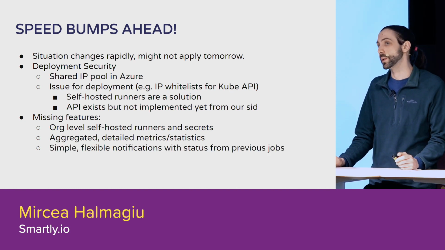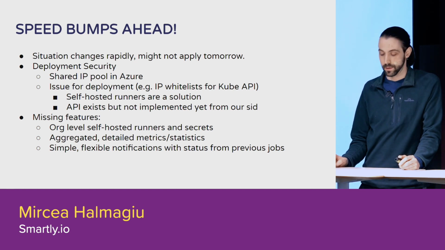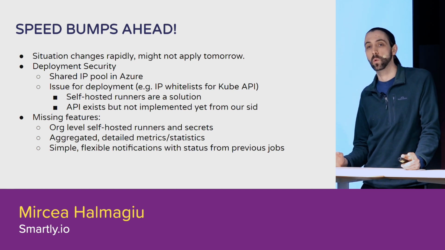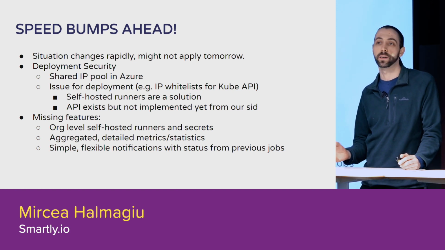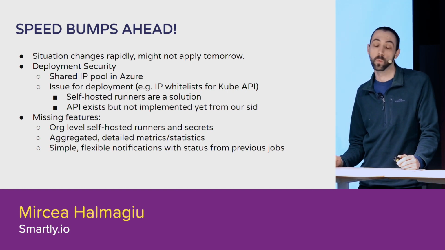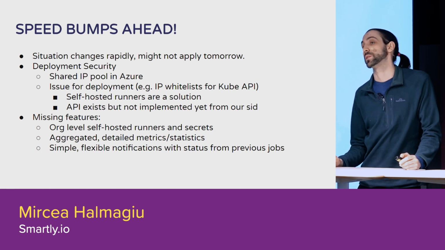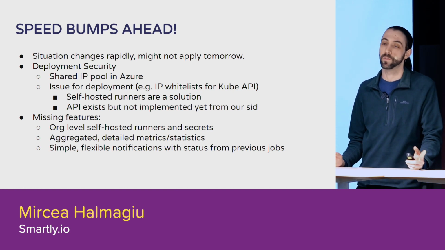There's also not very much in the way of simple and flexible notifications. So in Jenkins, you have the always block. You can have the always block, and on failure, notify, and on success, notify, or do whatever it is that you need to do, and that will always run. Now, the always is something that you can do in GitHub Actions. You can make a job and run it if always.